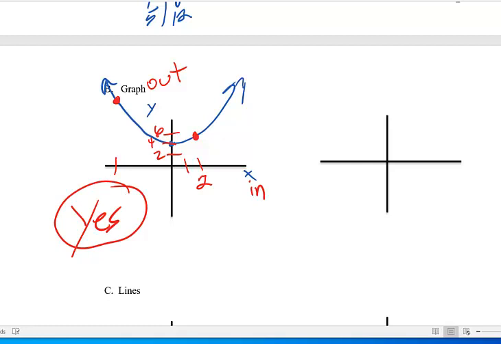So what would a graph look like that is not a function? Well, a famous example would be a circle. We will get into circles way at the end of the semester. But let's say we looked at the graph of a circle. Well, look, now, if I pick an x, like x equals 1 here, do you see that that particular x is matched with a y up here?